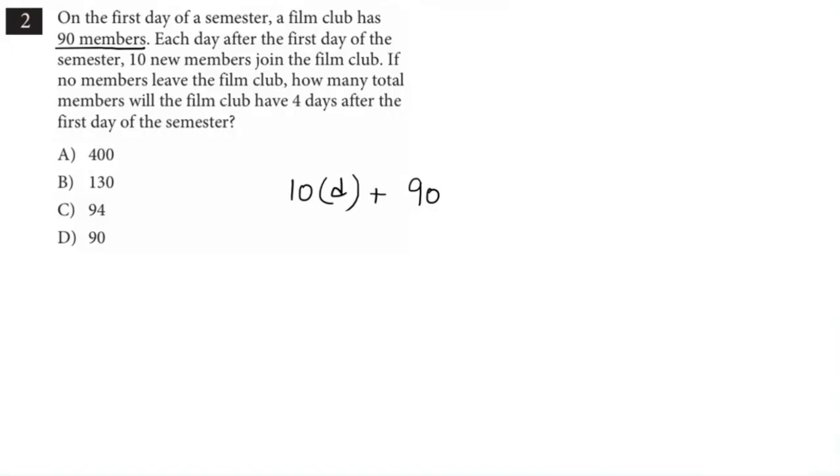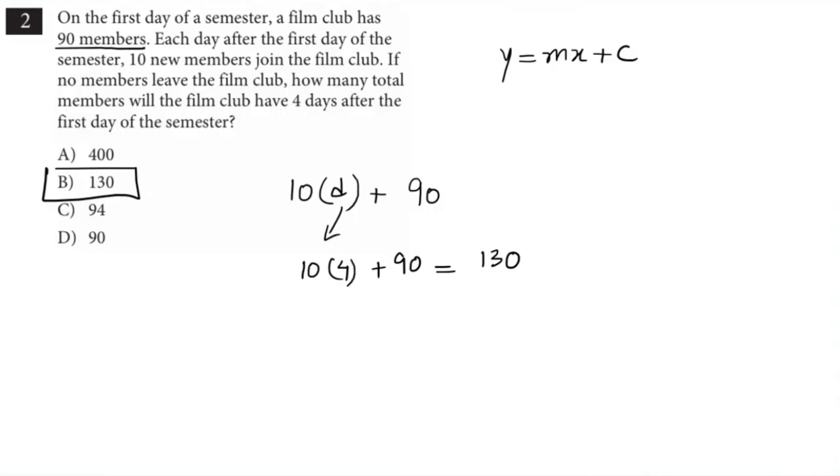It's a linear model, just like y equals mx plus c. So each day, 10 new members. If no members leave the film club, how many total members will the film club have after 4 days? So 4 times 10 is 40, plus 90. That's going to be 130. B is the correct answer.